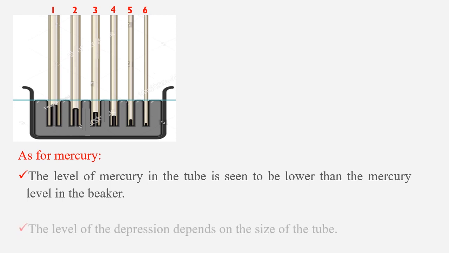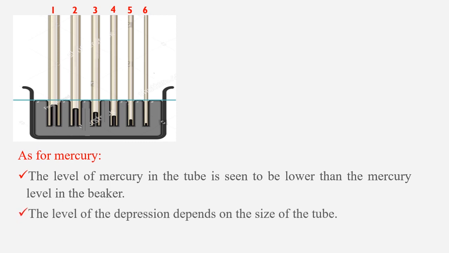To explain this better, we will see that this is the original level of mercury in the beaker, which is marked by this line. Now, a depression is experienced in the tube, which is lower than the original mercury level.